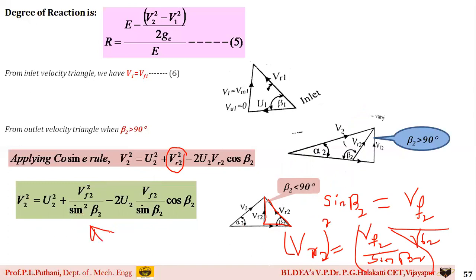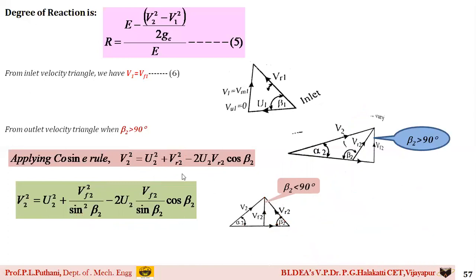So please take care that initially, when I am writing the cosine rule, I am applying the condition beta 2 greater than 90 degrees. But when I want the replacement for VR2, I am applying the condition of beta 2 less than 90 degrees.